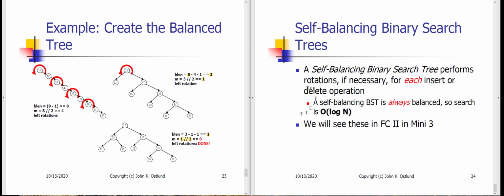Even better than this is what are called self-balancing binary search trees, which every time you do an insert or a delete will do the minimum number of rotations necessary.